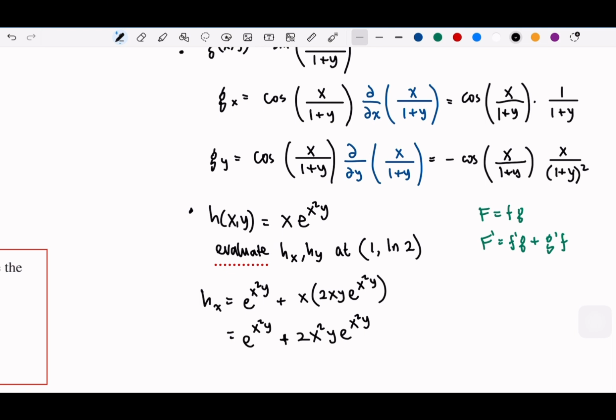And for the second part, I will just keep x as it is and derive this. To derive the e, it will be the e and then the chain rule of x squared y, which is only x, because this is only derivable in x. So this will be 2xy. So 2xy e^(x squared y), multiply and we get x. Okay? I hope you get it.